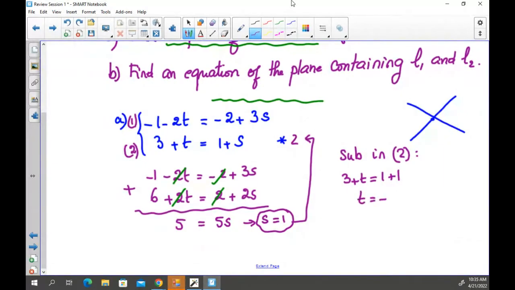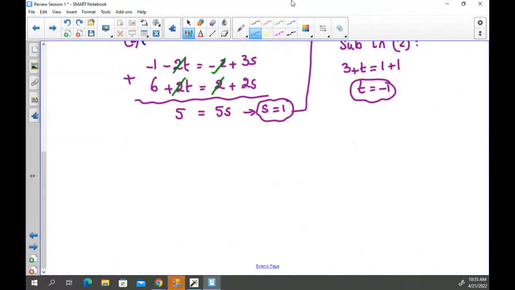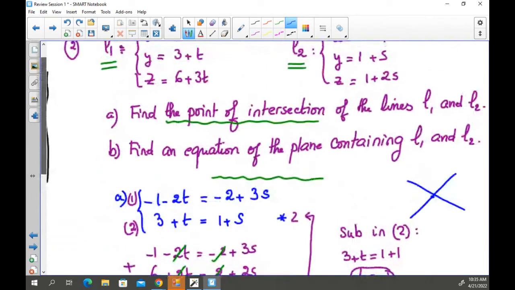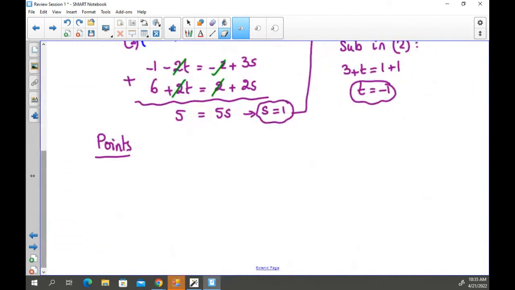So t is equal to minus 1. All right. So now, what do I do with these two values? We substitute in the equations of the line. So substitute.